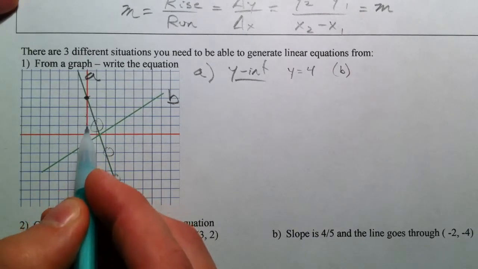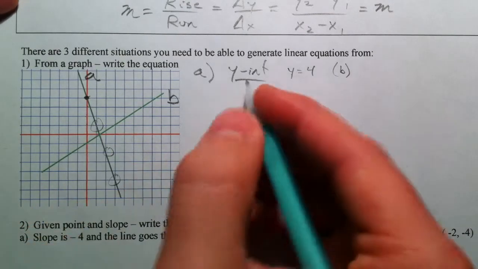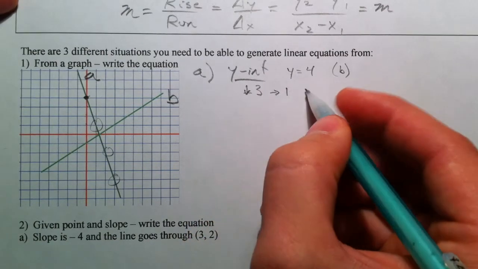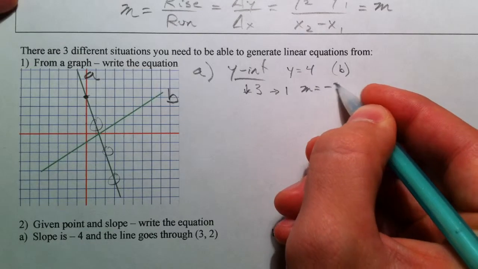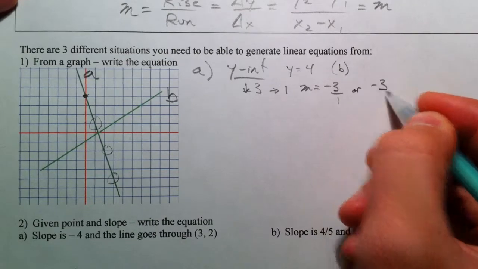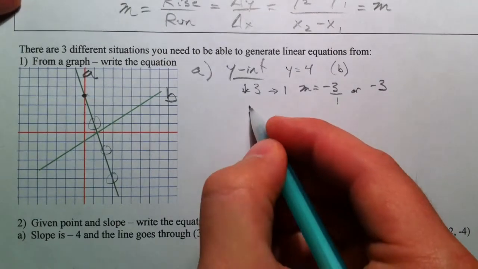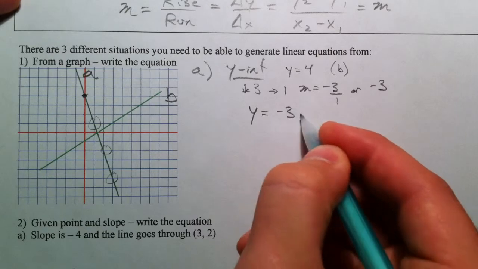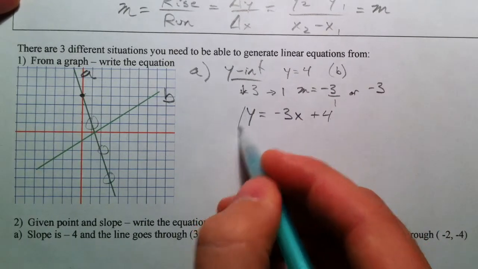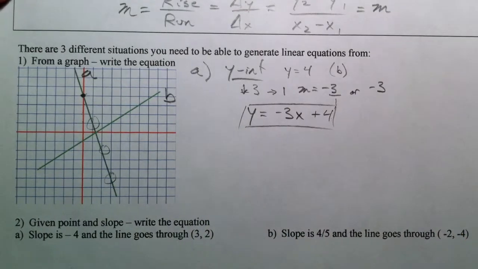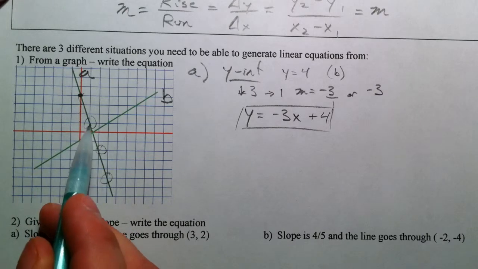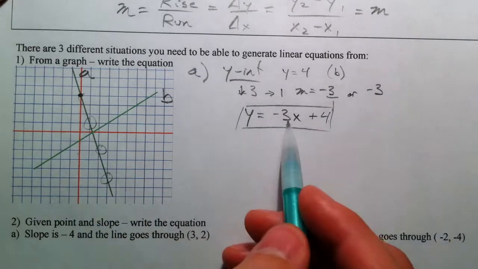So I went down 1, 2, 3, and over 1. Down 3, over 1. So that means our slope is negative 3 over 1, or negative 3. So our equation is y equals negative 3 times x, our slope times x, plus 4. And if you continue, had you gone down 6 and over 2, if you hadn't seen where that crossed, 6 over 2 reduces to 3.